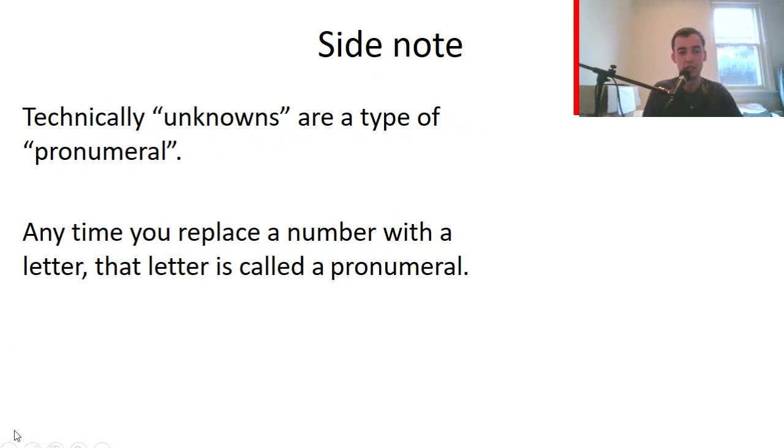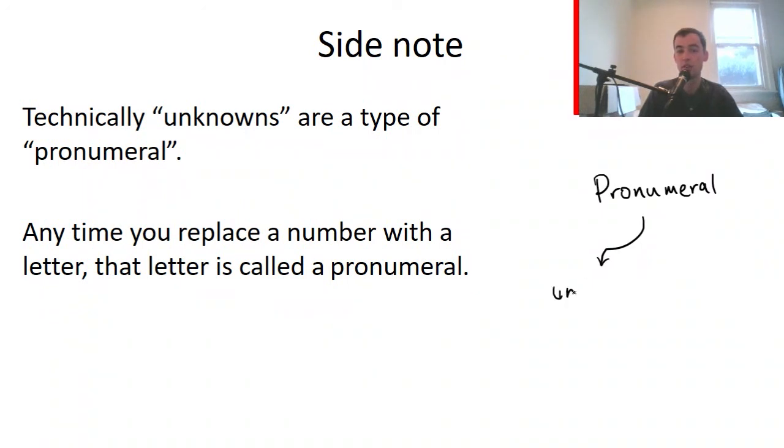By the way, you'll need to know this as well. So we're getting you used to the idea of the language of algebra, and so there's some words that you need to know. One of those words is unknowns, which we've just talked about. Another one is pronumeral. You have a pronumeral whenever you write a letter instead of a number. That's what a pronumeral is. It's a letter that's written instead of a number. And there's different types of pronumerals.